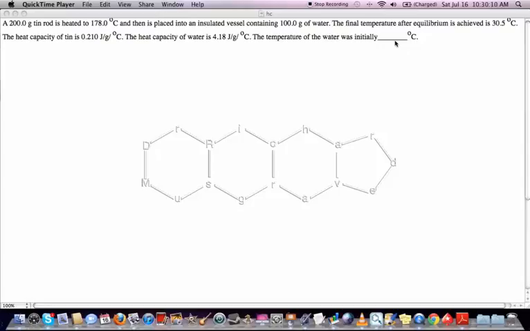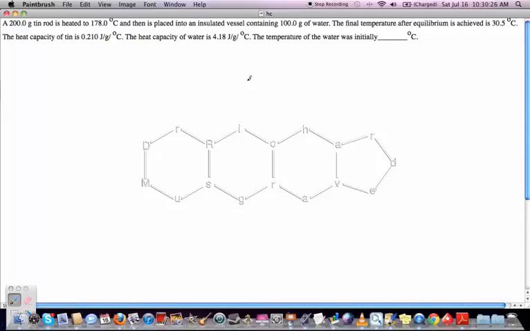So it seems that we're looking for water, and what we've got the most information about is going to be the tin. So that seems to be the best place to start. What we're going to do here is try and figure out the amount of heat that was going to be released by the tin. We can see that the temperature of the tin is going to go down.